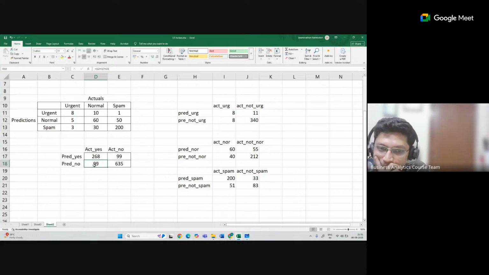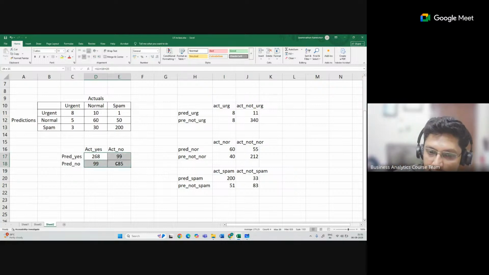So with this, you will be able to compute the precision and recall of the entire model. But when it comes to accuracy, from where will you calculate? From this? The answer is no. You will have to calculate it from here. How will you calculate the accuracy?